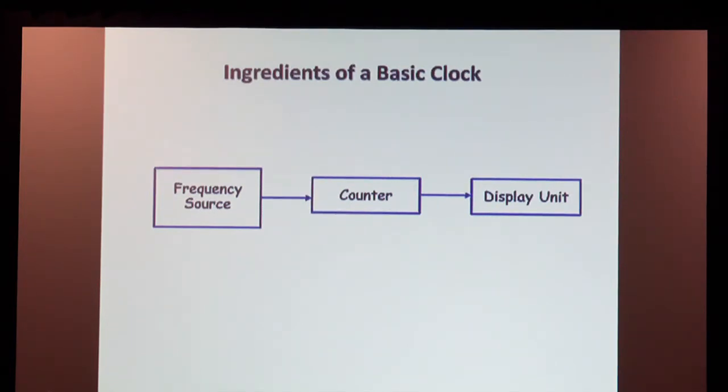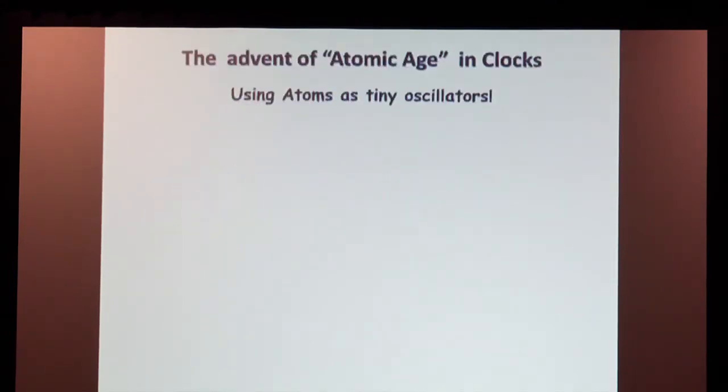So something that changes periodically. And then you have a counter to count the number of cycles of the oscillation and something to display the time that has elapsed. But you quickly realize that the counter and the display units don't really make much of a difference. They don't make mistakes. So these are mundane. So basically, whenever we talk about clocks, we talk about the frequency source associated with clocks.